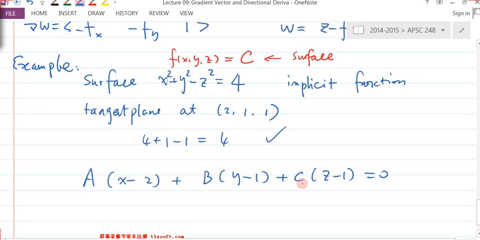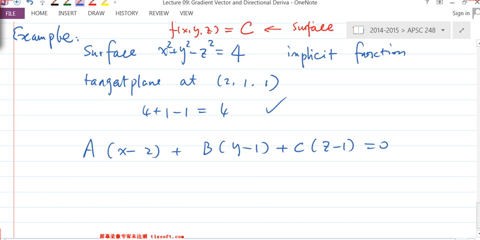As we just proved, the gradient vector is perpendicular to the tangent plane. If I let w equal x squared plus y squared plus z squared, then the gradient vector is del w.